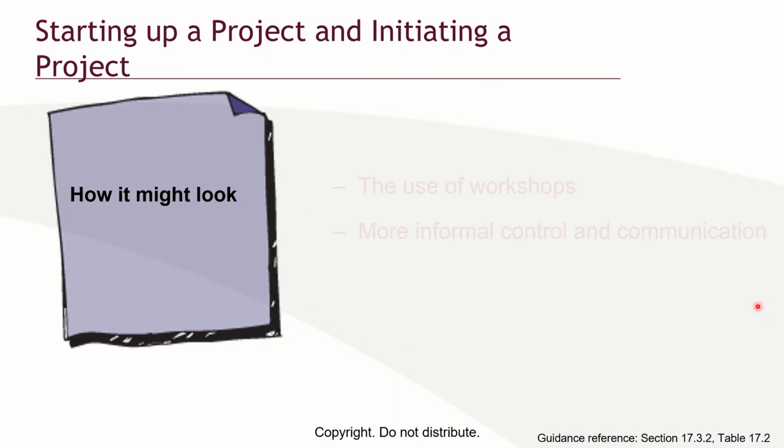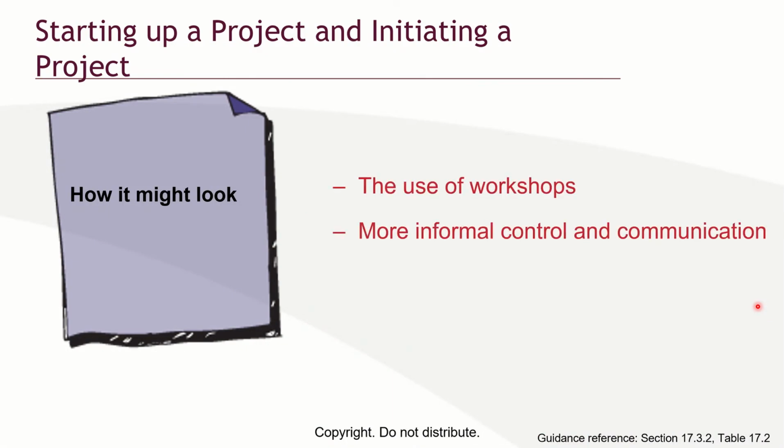Starting up a project and initiating a project, how do you do it? It is always best to collaborate with others. That means call people together in a workshop. Let there be more informal control and communication. What do you mean by informal control and communication? Let people who are part of the project or who will be part of the project contribute ideas.